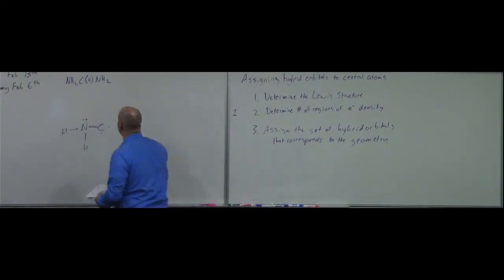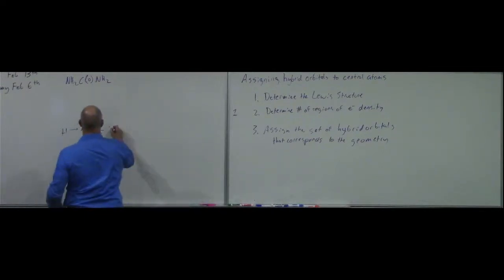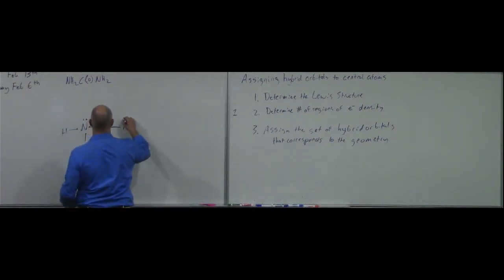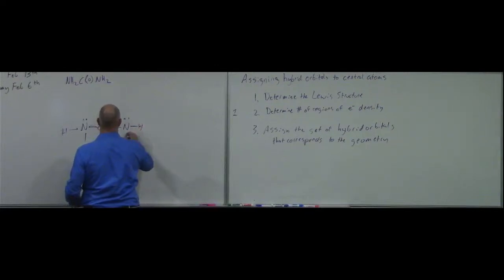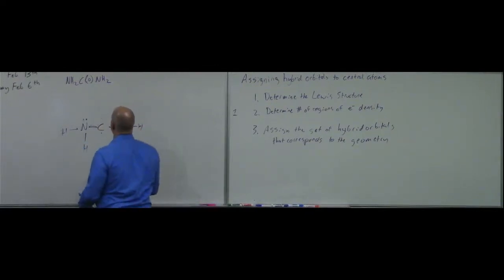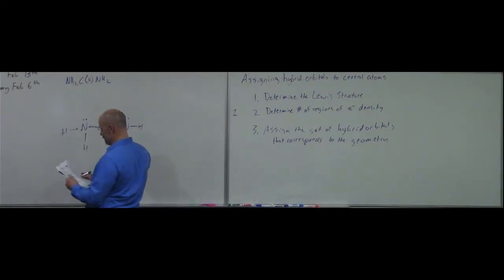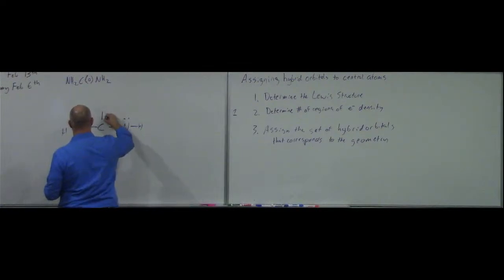Nitrogen's happy. Now over here I've got another one just like that. And a double bond with oxygen. That is a weird way to represent that, but so be it. So now we're going to double bond with oxygen.